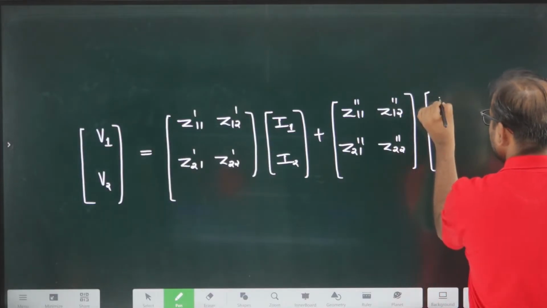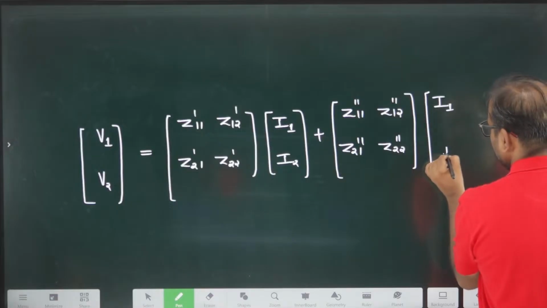Again I can write this value as I1 and I2.